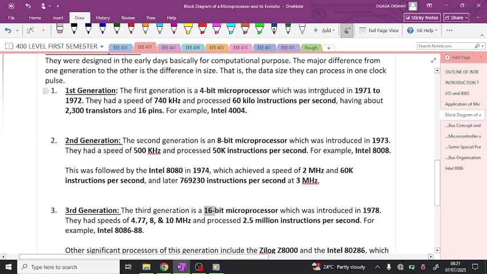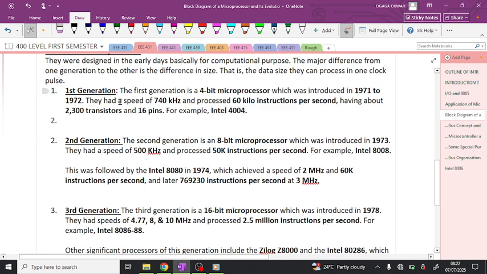The other things are just the dates, how fast they are, how many instructions they can execute per second, the number of transistors they are made of, their pins, and the models available that year.